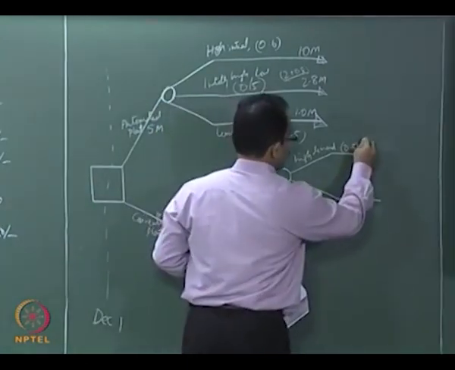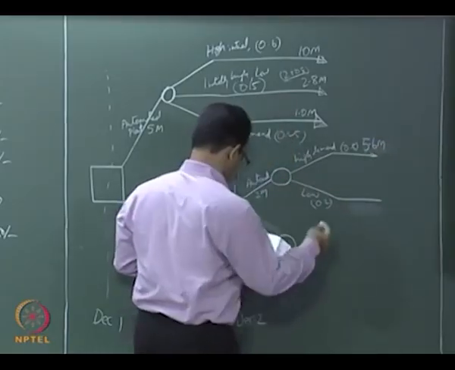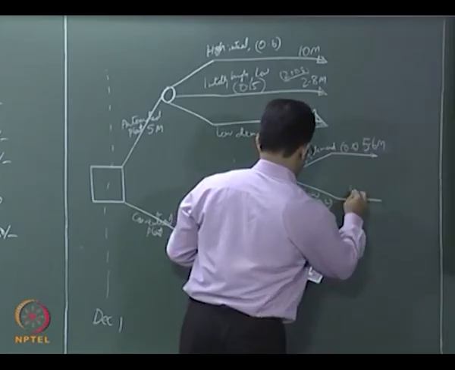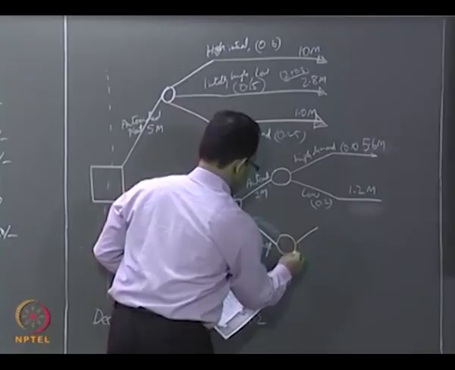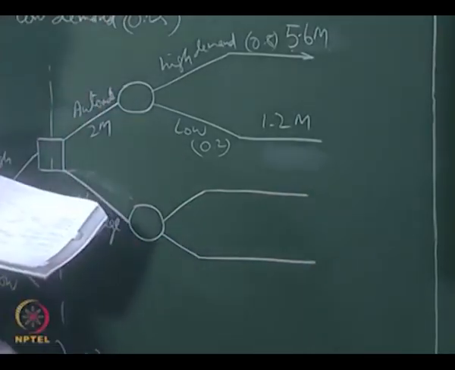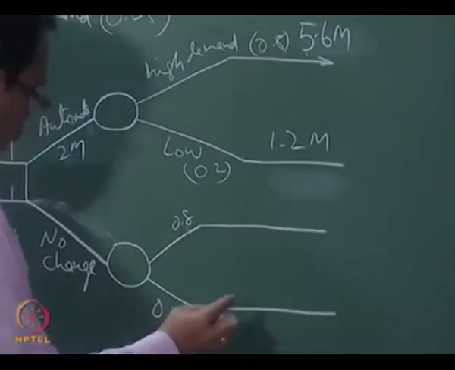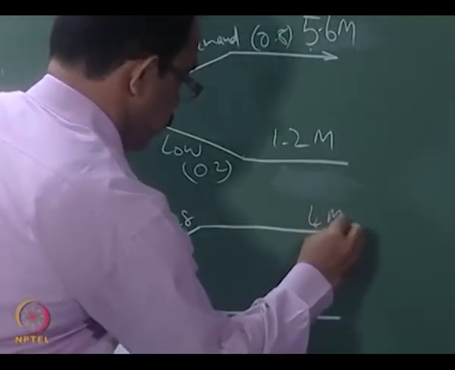This will be 5.6 million revenue, and this will be 1.2 million, and similarly here also you will be having high and low, again the possibility is 0.8 and 0.2, but here the revenue will be 4 and 3.2.